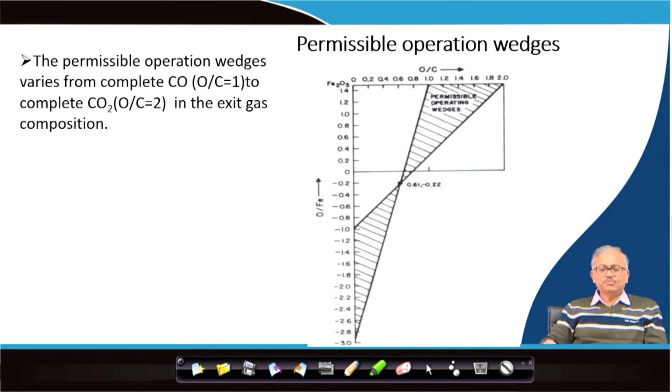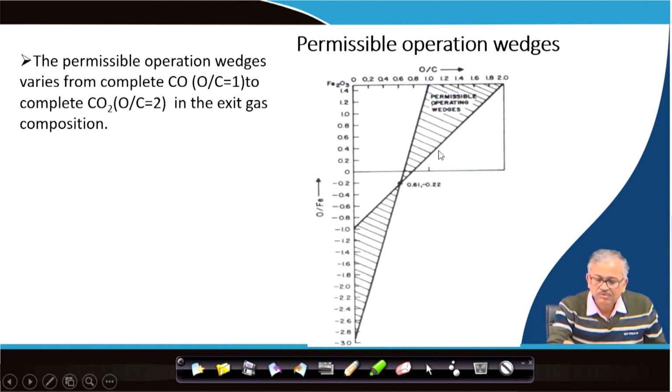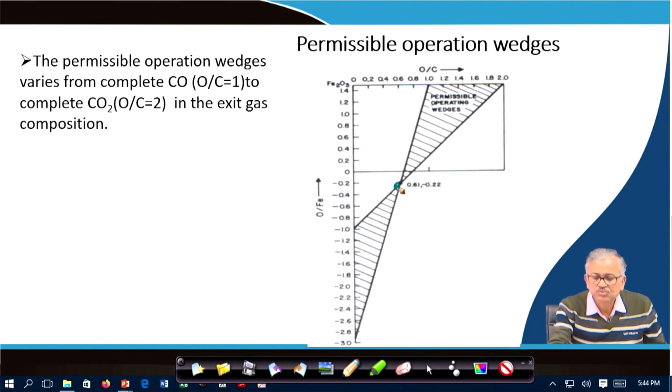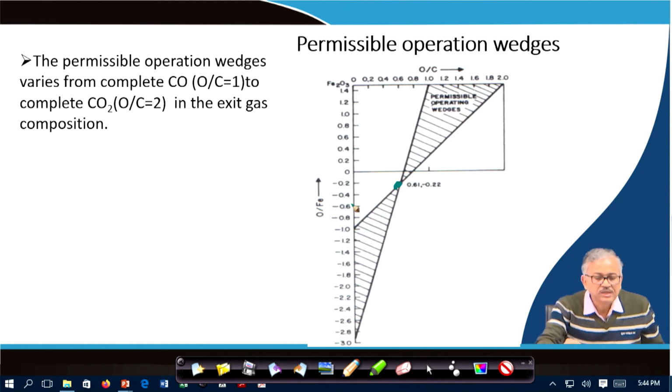So the permissible operating range is shown, but all the lines you can find are passing through this point. This is called the thermal pinch point. So in the operating range, the product gas can be either completely CO when the O by C ratio is 1, or completely CO2 when the O by C is equal to 2.